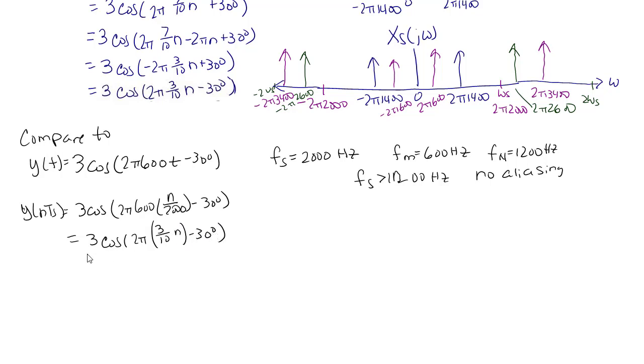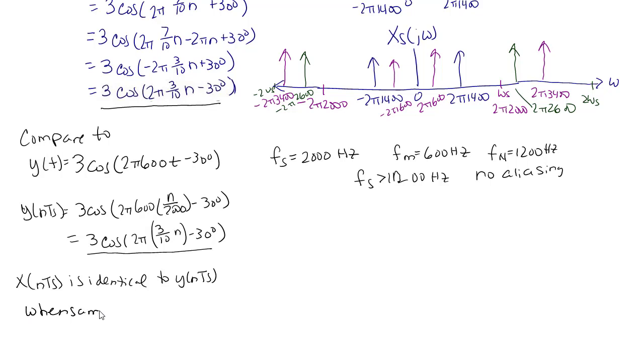The first thing I want you to notice is that this expression is the same as this one. So what this tells me is that x of nTs is identical to y of nTs when sampled at 2000 samples per second.